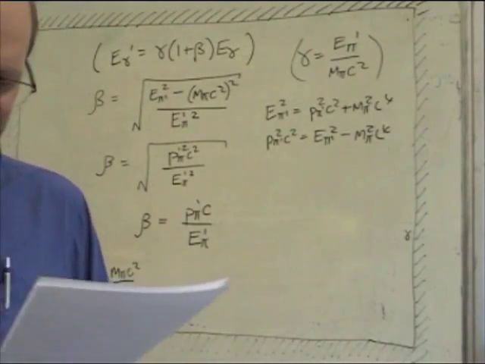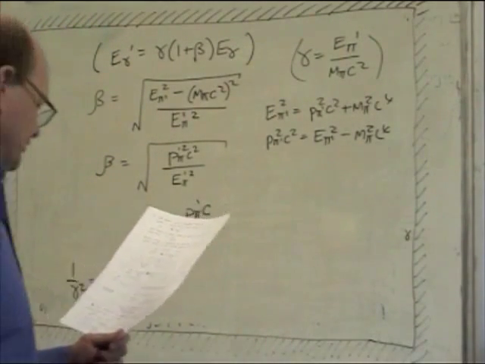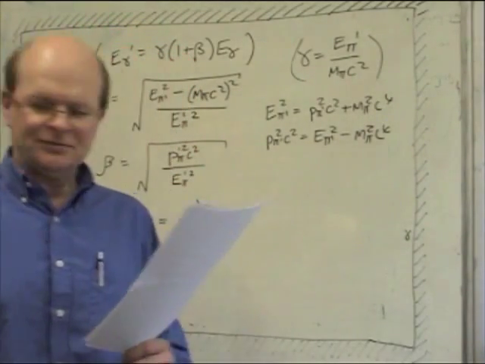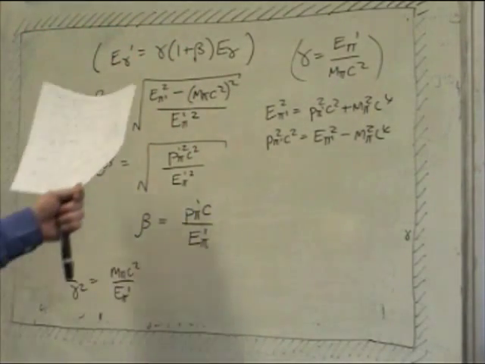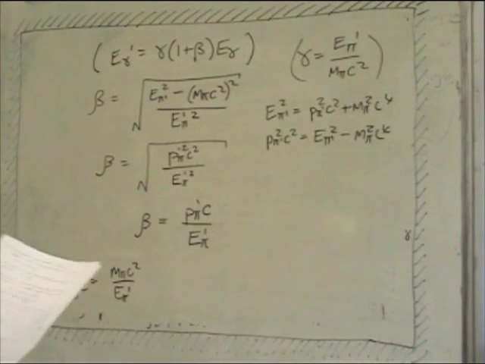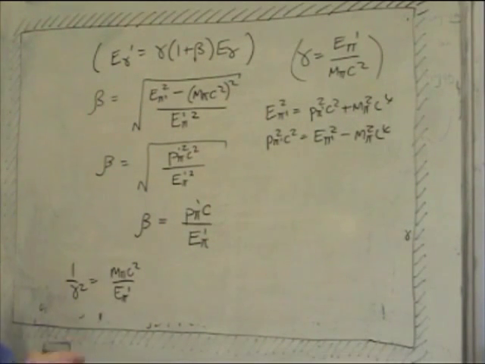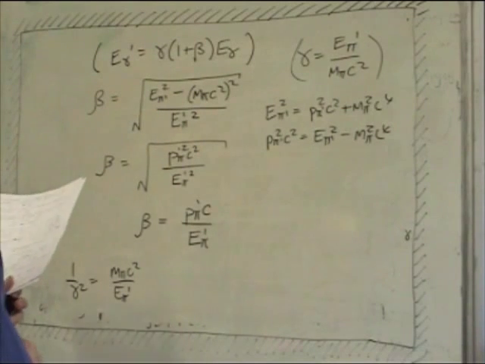We can now use this expression for beta to derive an expression for the maximum energy of the photon. So if you remember, we've got the formula up here for the maximum energy of the photon. And so we know that gamma, now let's just write everything out.